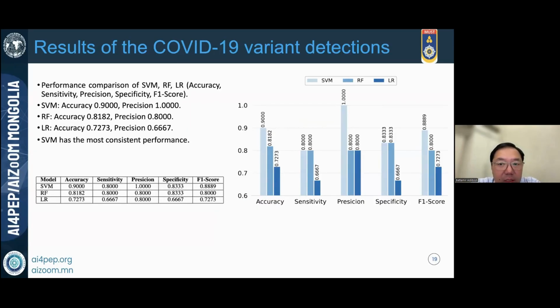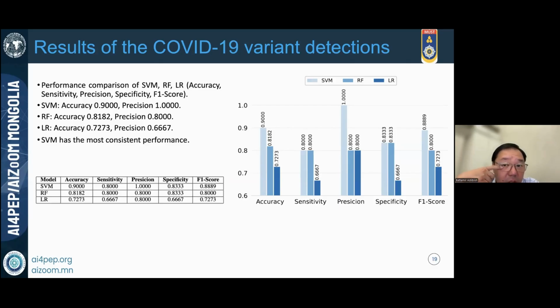Here are the results. SVM achieved the best performance, reaching 90% accuracy and also very strong specificity. Random forest reached about 82% accuracy with balanced metrics.